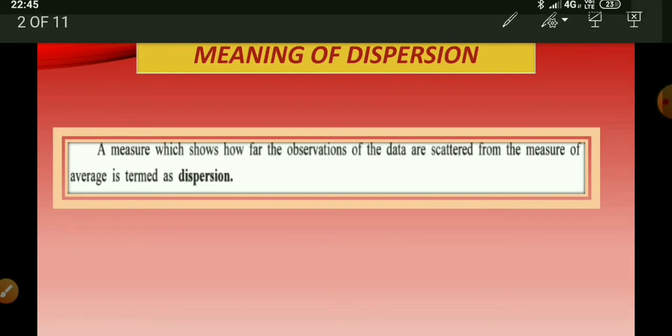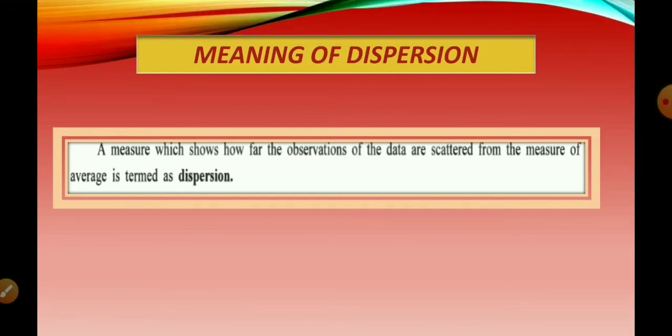First of all, what do you mean by dispersion? A measure which shows how far the observations of the data are scattered from the average. We have learned the measures of central tendency in the previous chapter.